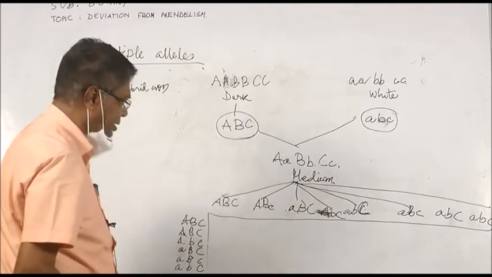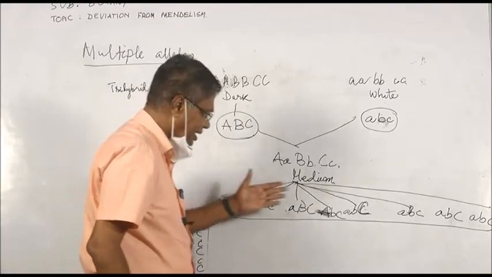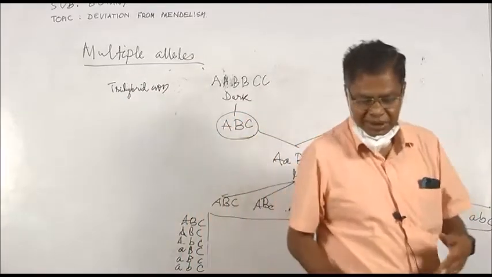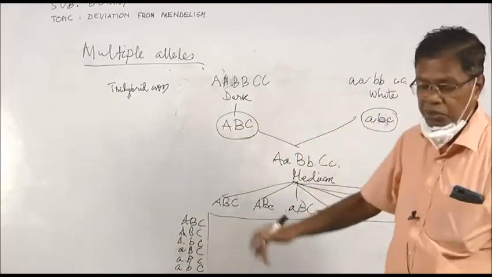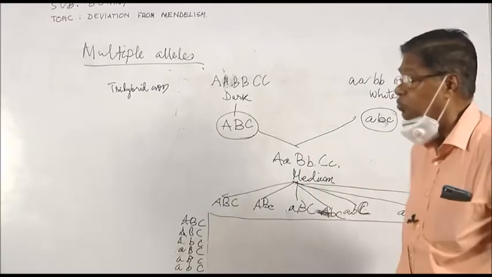You go on writing, you will get 8 here, 8 here. If we combine them, you will find a checkerboard where there are 64 squares.